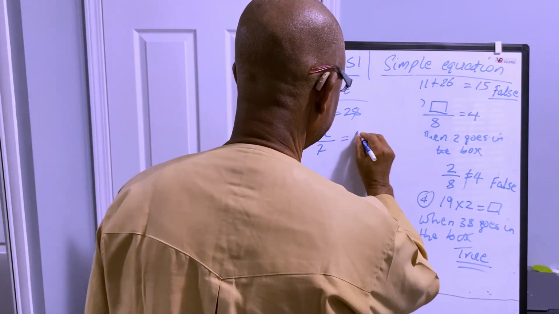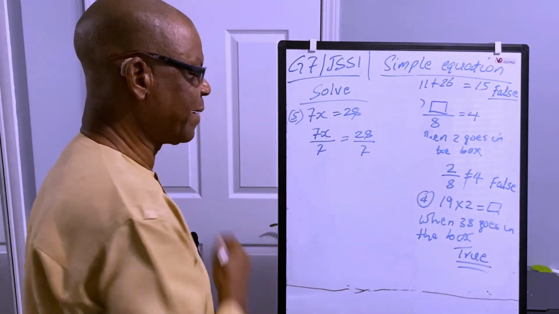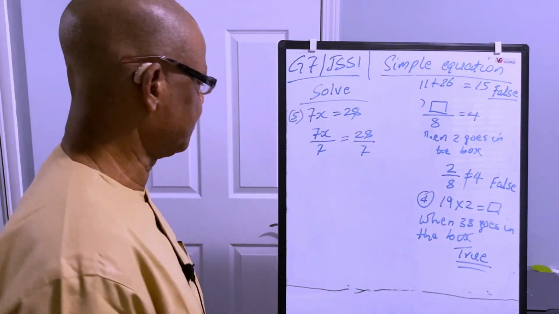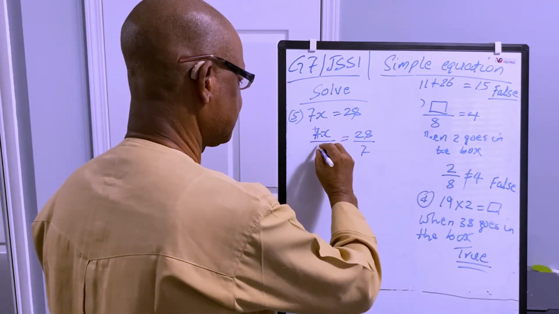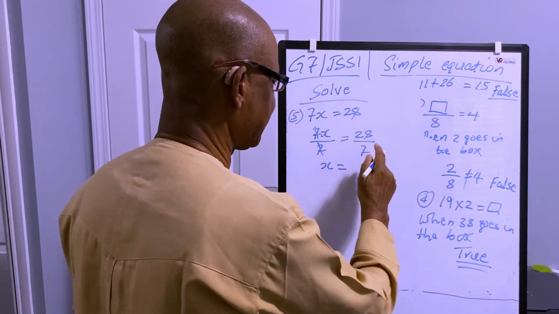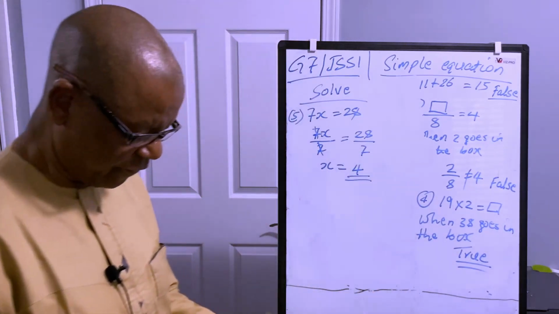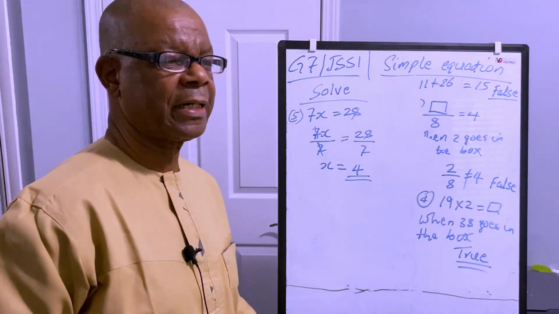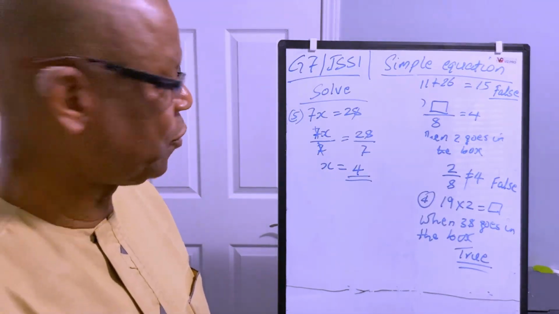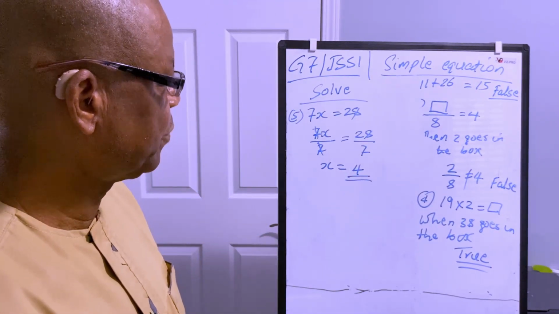And what you do to the left, you also do to the right. We divide left by 7, we must divide right by 7. And of course, 7 cancels 7. We have now singled out x, and 28 divided by 7 will give us 4. We have solved. We have found the value of that variable, that unknown before is now known to be 4. Simple equation.